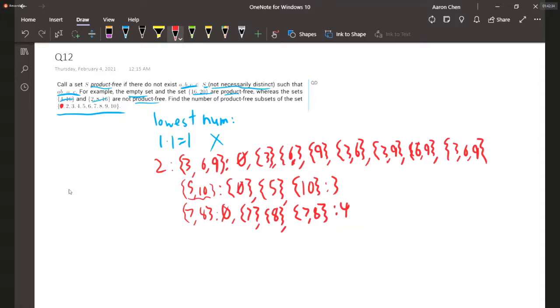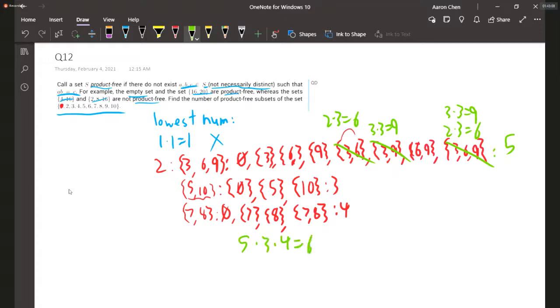Now we can see that {3, 6} cannot work because 2 times 3 is equal to 6. And here we have that 3 times 3 is equal to 9, so {3, 9} does not work as well. And then for {3, 6, 9}, we have that 3 times 3 is equal to 9, and we have that 2 times 3 is equal to 6. And so this leaves us with a total of 5 working cases. So when the smallest number is 2, the total number of product free sets is 5 times 3 times 4, which is 60.